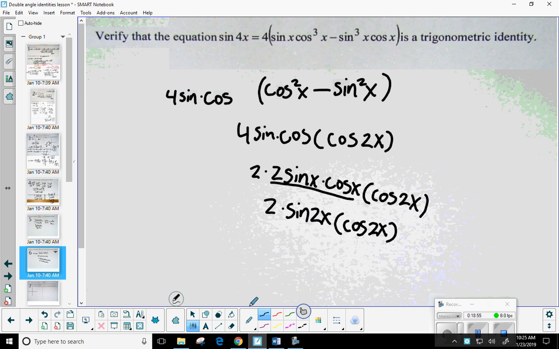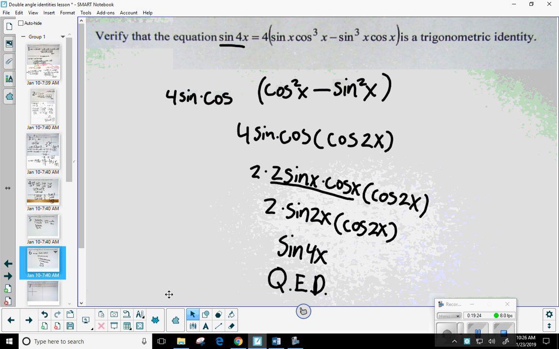And remember, what did I show you that equals? 2 sine of 2x cosine 2x. Oh, it does equal sine of 4x. That's it. There you go. QED. Good job. Thank you.